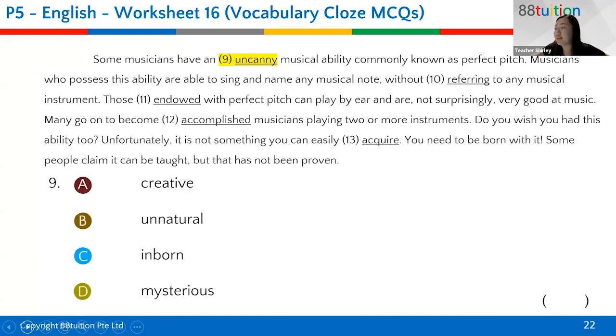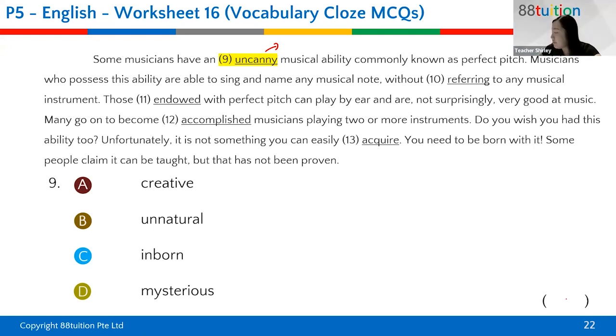Okay. Now, next one. Some musicians have an uncanny... What does uncanny mean? Okay. Who was the last person just now? Yunshen. Okay, Yunshen, can you call someone else? Sipei. Okay, Sipei, which one is the answer for this?